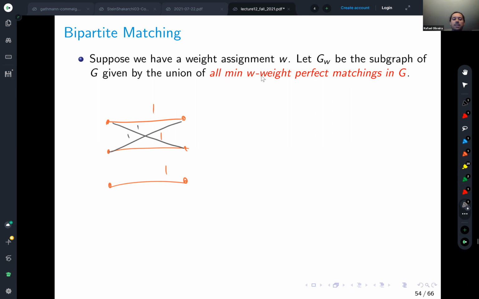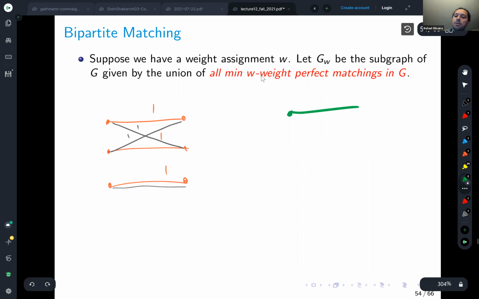So there are these two matchings, and this edge is counted twice. Let's say that the other edges have weight bigger than 1. This is the complete graph, but all the other edges have weight bigger than 1, and my graph G was the complete graph. So this is G.